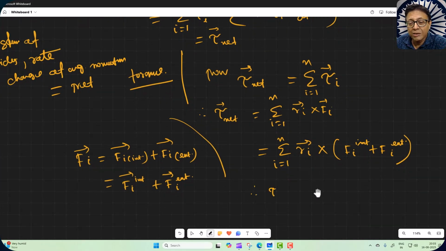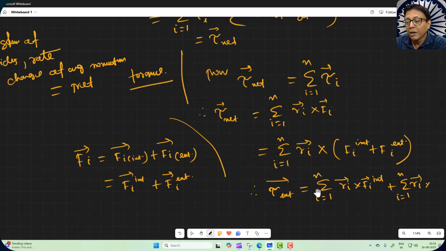So tau net will be sigma i equal to 1 to n Ri cross Fi internal, just open the bracket, plus sigma i equal to 1 to n Ri cross Fi external.